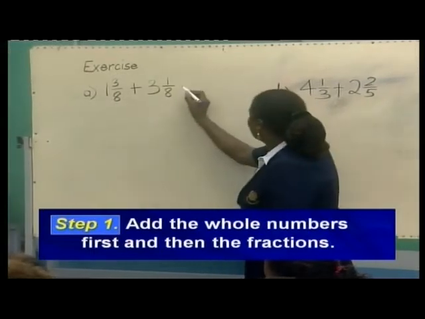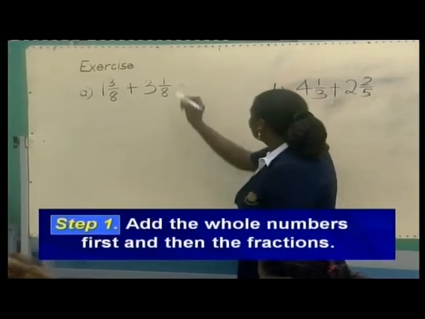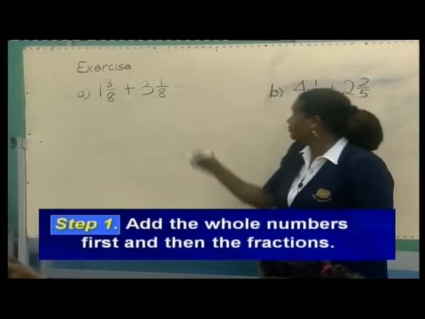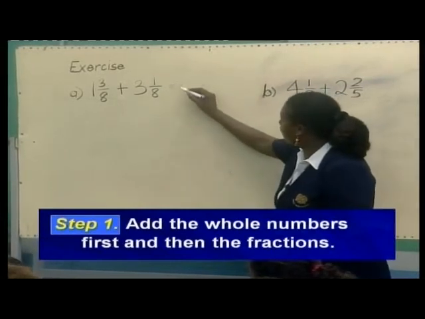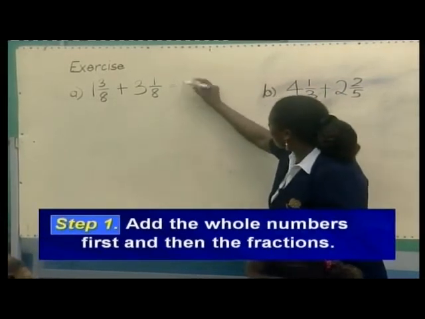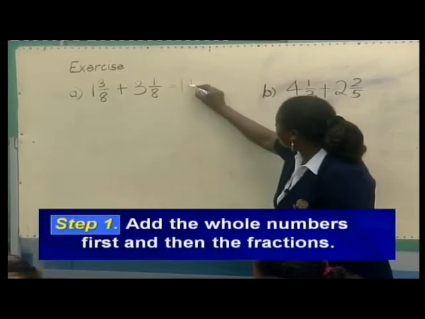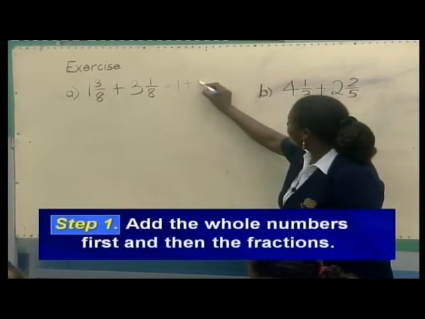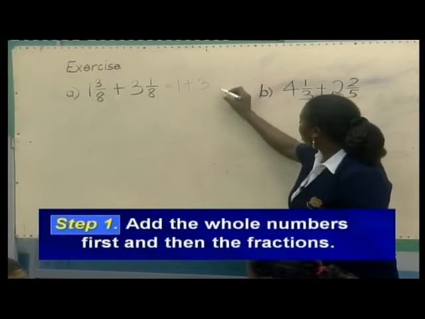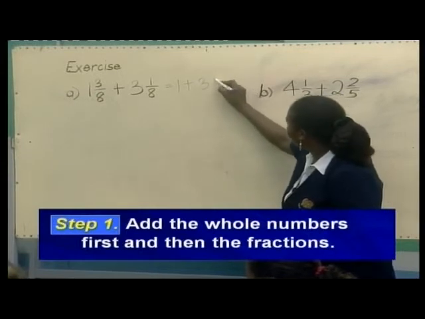This time, we have 1 and 3 as the whole numbers, so we have 1 plus 3 plus the fractions.